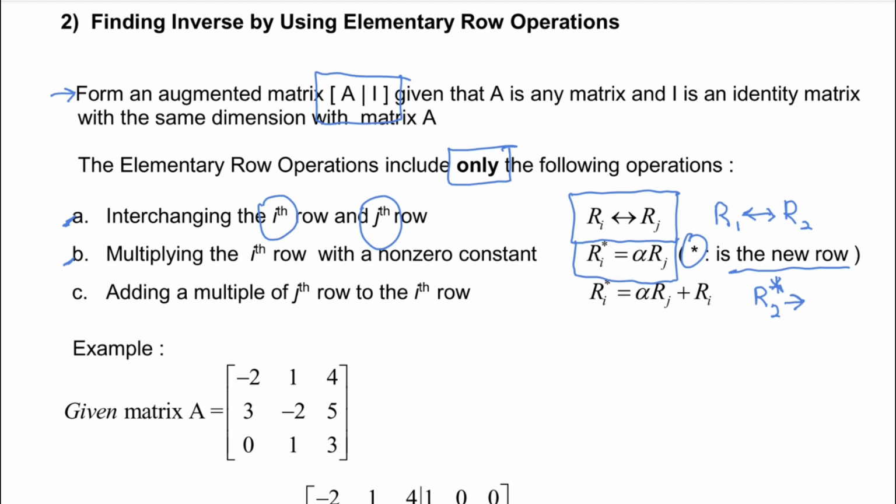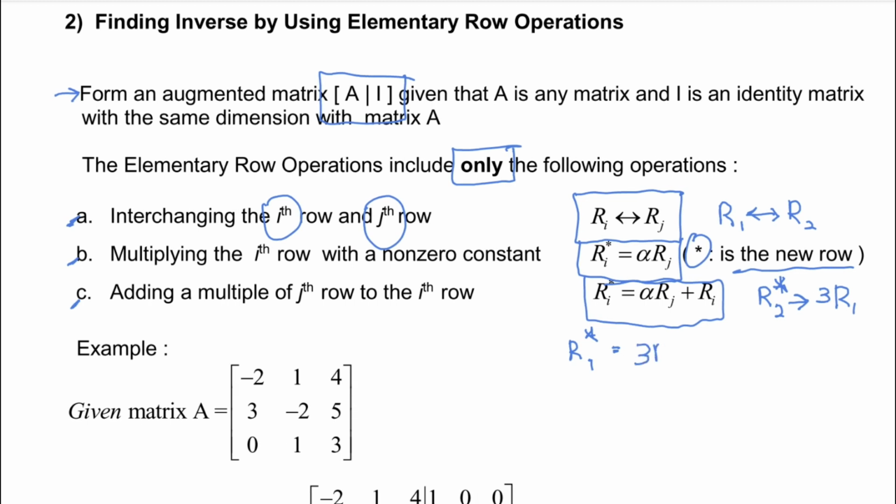So row 2 star is equal to 3 row 1, like that. Then lastly, adding a multiple of any row to any given row. For example, like this, or specifically R1 star is equal to 3 R2 plus R1.